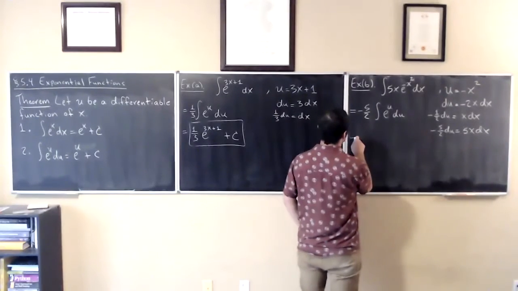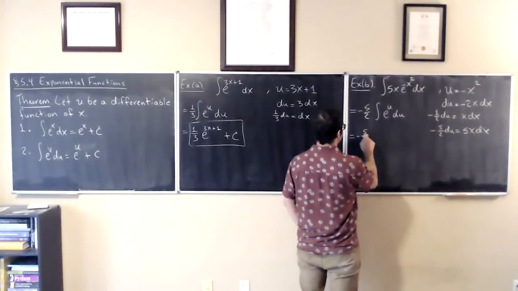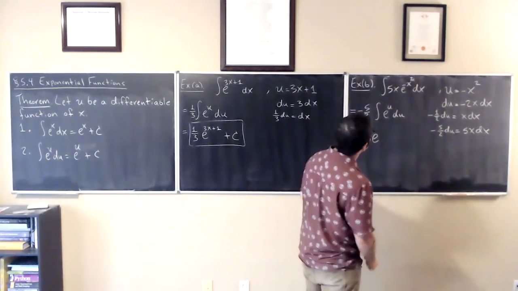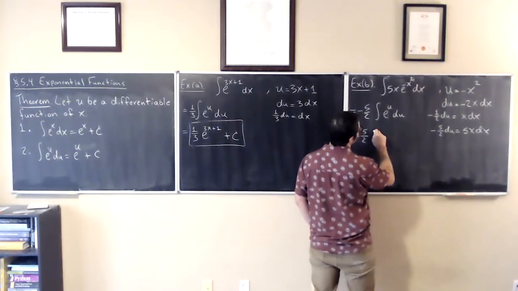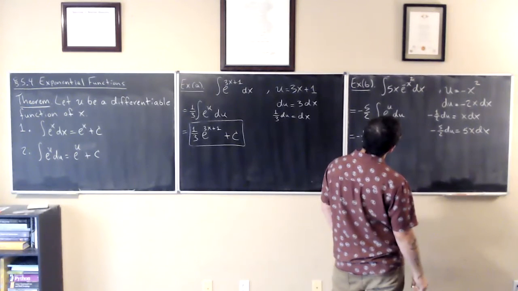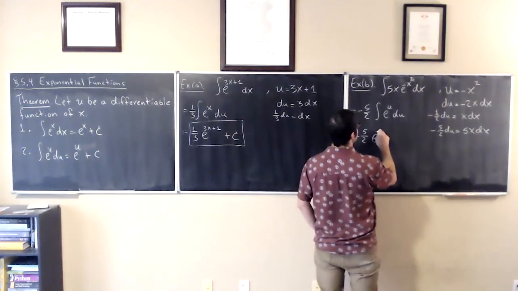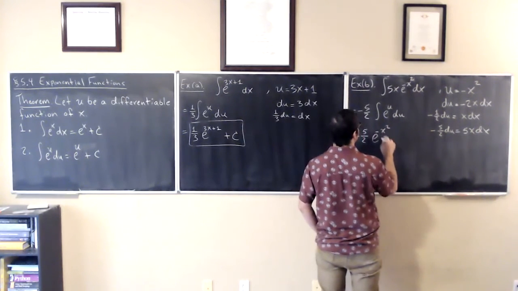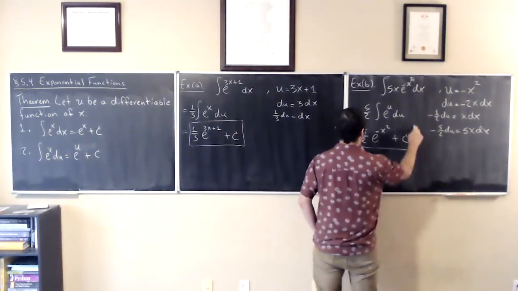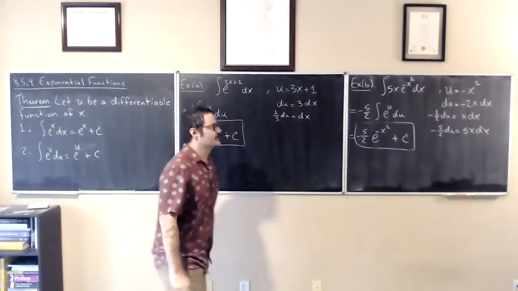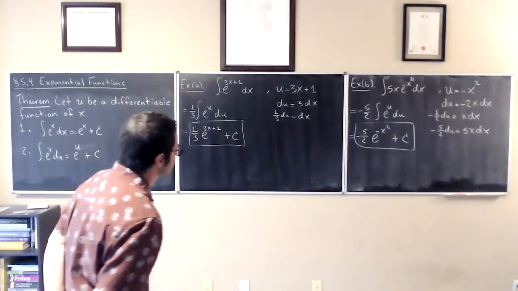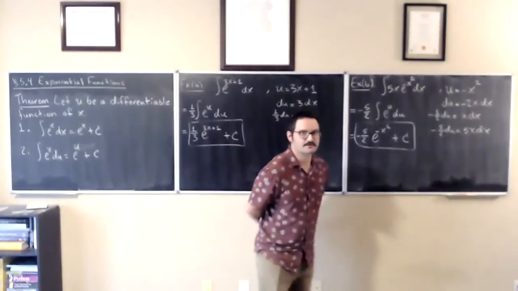So this will be e to the u, which is negative x squared. And then I have my constant. There it is. Okay. Seems simple enough.